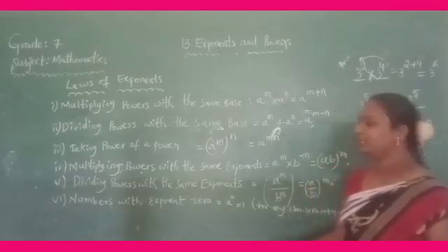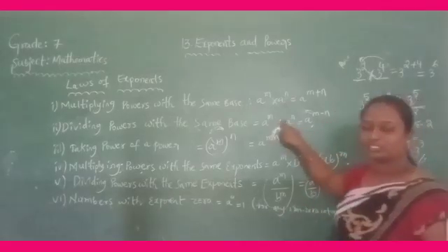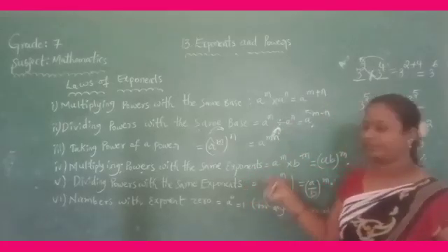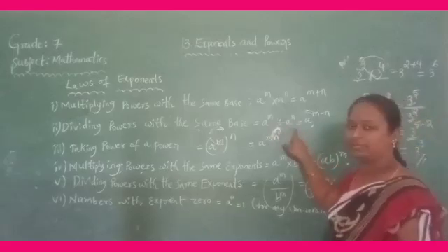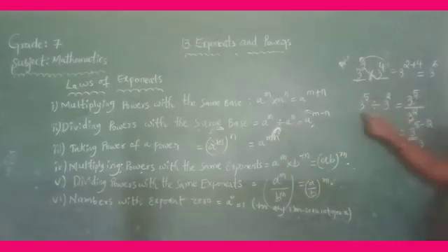So remember, whenever dividing the exponents, you check first whether the bases are the same or not. If the bases are the same, you have to write the common base for the two exponents. Same like that, 3 to the power of 5 divided by 3 square, 3 is the common base.